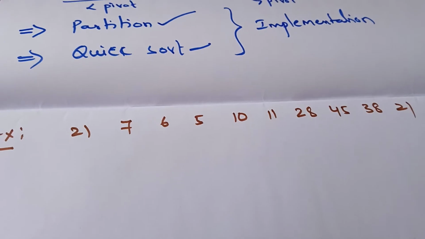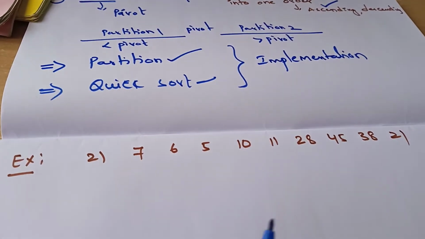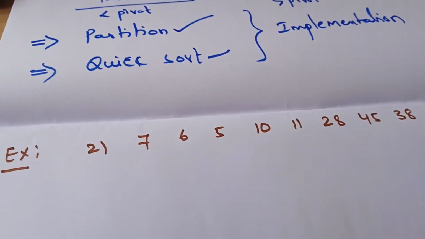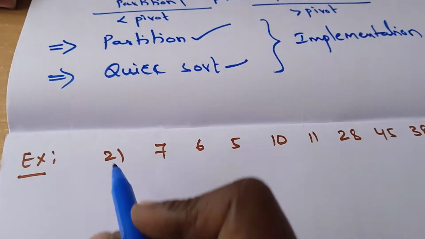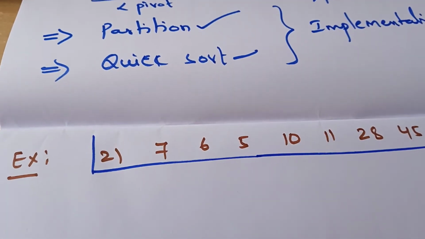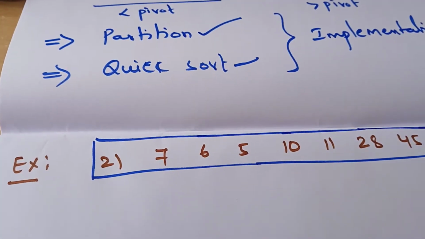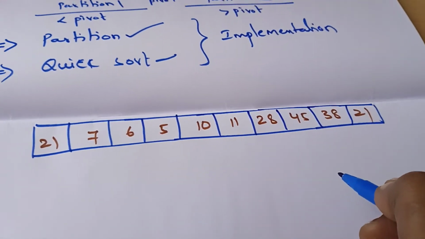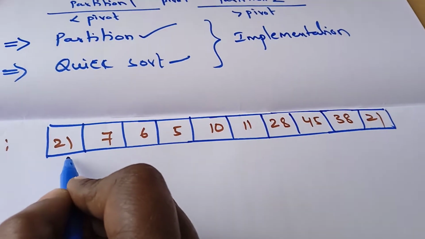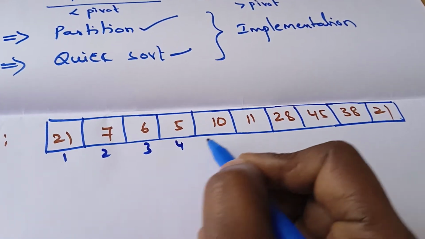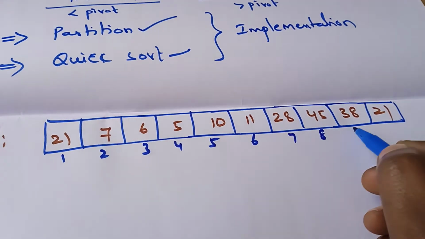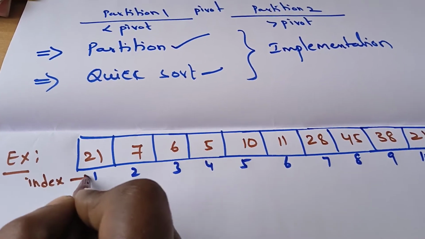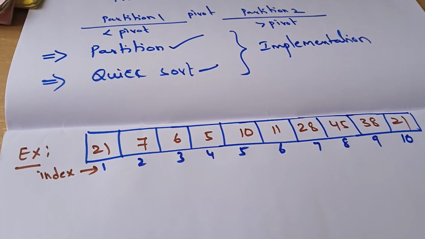Now I am putting all these elements into one array, and I am giving the index for this array: 1, 2, 3, 4, 5, 6, 7, 8, 9, 10. These are the indexes of the elements. We already know about this.